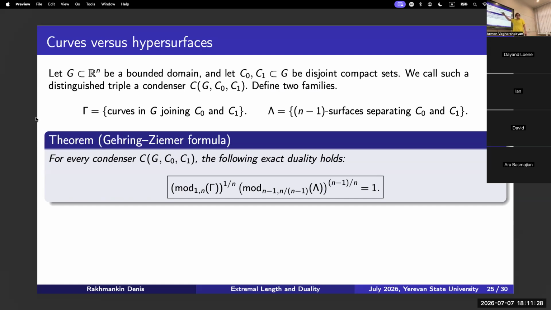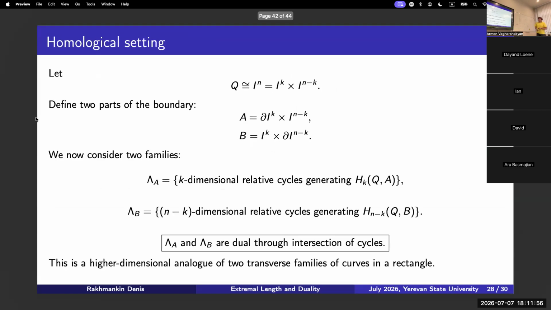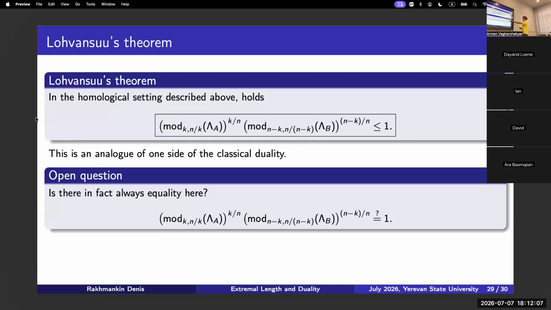It's an open question. In the one-dimensional and n-1 dimensional case we already know the duality, but for the more complex case, if we have k-dimensional and n-k dimensional surfaces, it's an open question.